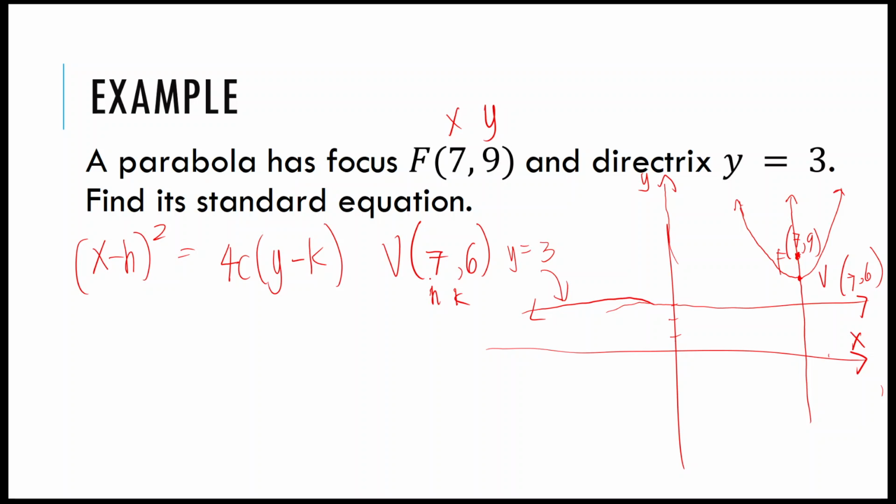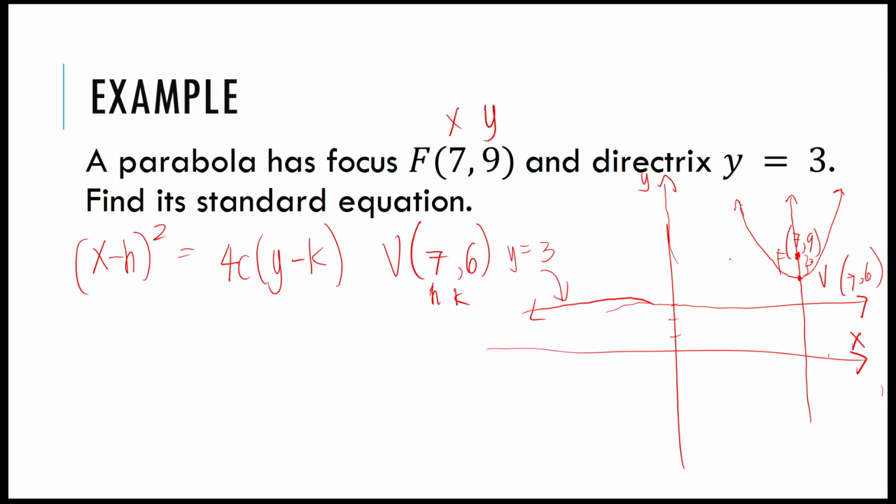Ang kulang na lang natin is yung c. We are only left with the value of c. And again, it is pretty obvious because c is the distance from the vertex to focus. The focus has a coordinate of (7, 9). The vertex has a coordinate of (7, 6). And the distance between them is, of course, 9 minus 6, that is 3.